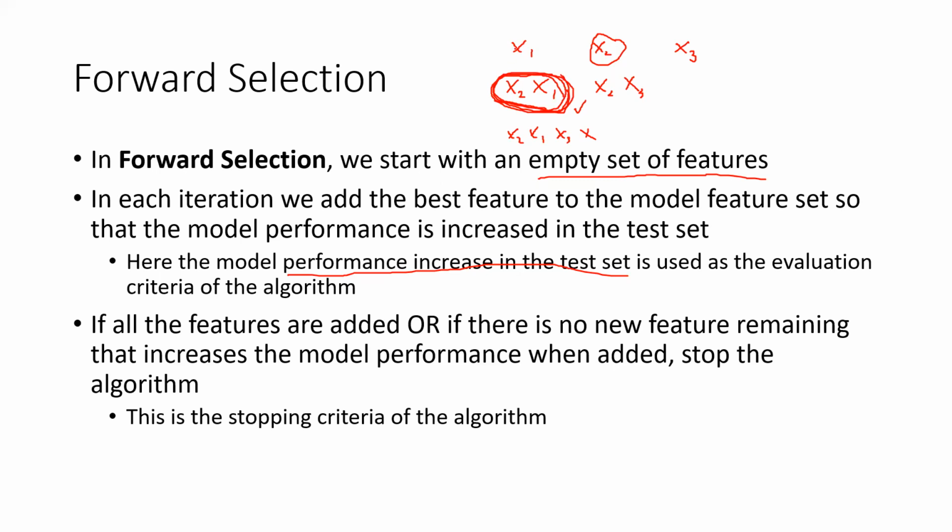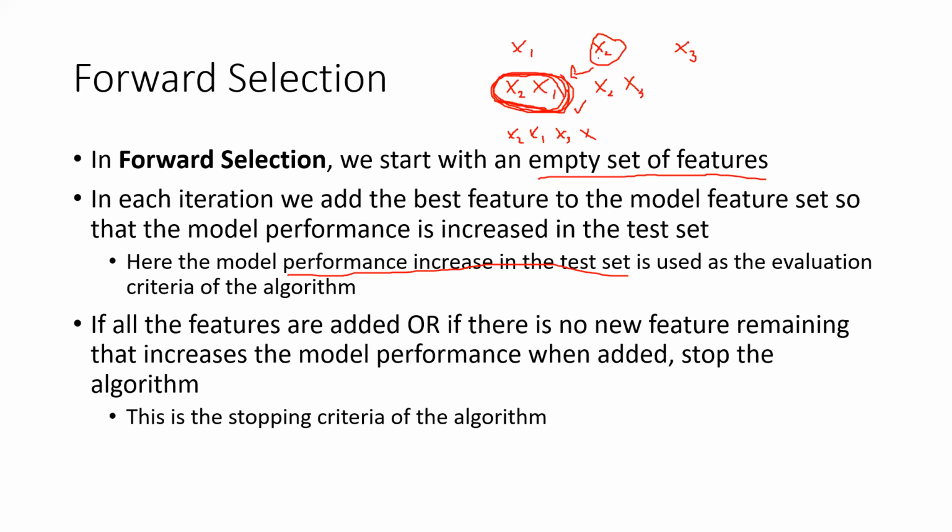Means first we start with one feature and select the best one, and then we check with two features, whether this would give better performance than the previous one.